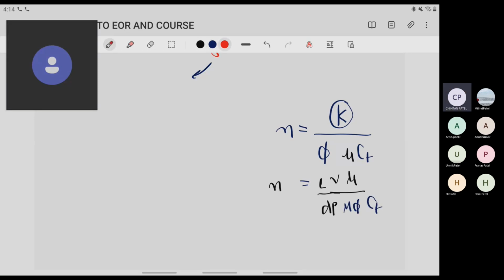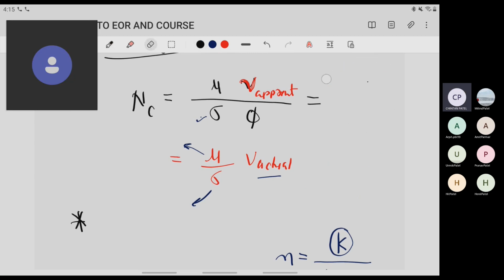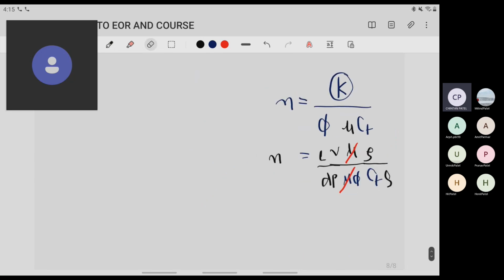So this viscosity and this viscosity will cancel out. Then it might not be possible, but we can replace this rho. Yes, you were correct, I think. It should not be kinematic viscosity. It's the ratio of diffusivity to thermal diffusivity. Yes, this is diffusivity. We can say this terminology.